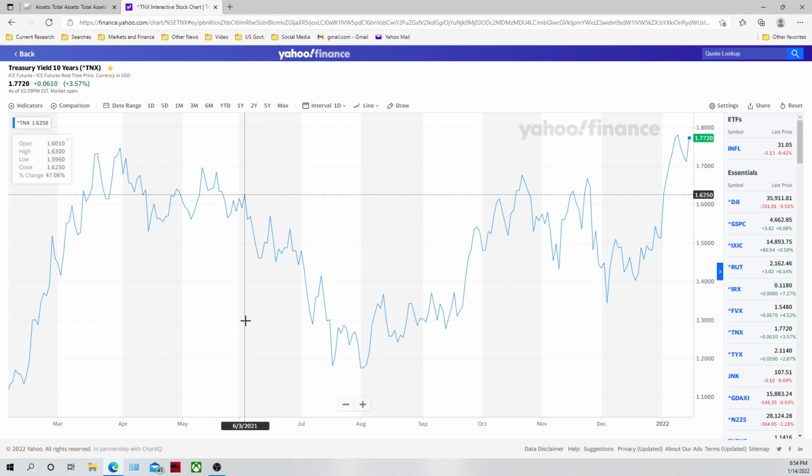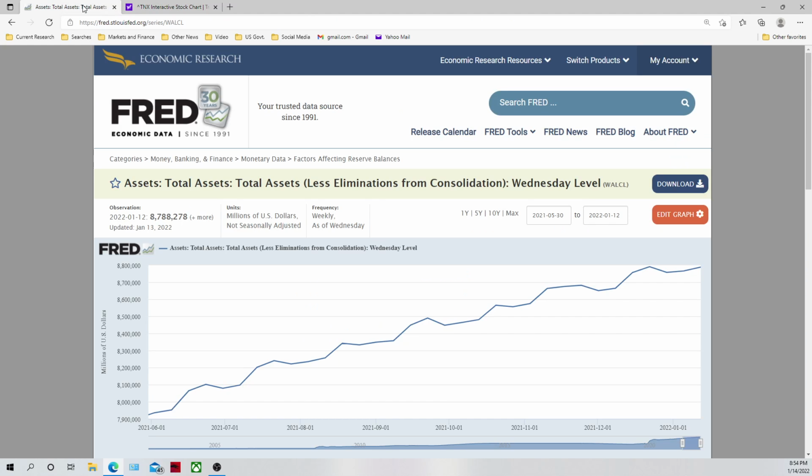Boom, right about there. The Fed buys a bunch of bonds. Then they buy like a trillion. How much is that? A few hundred billion dollars of bonds.